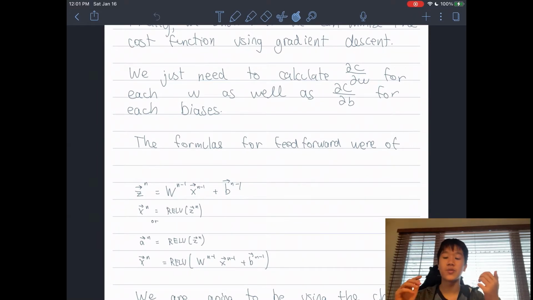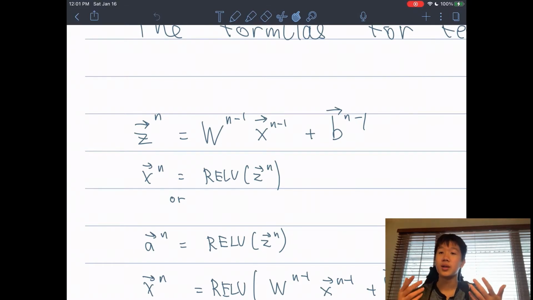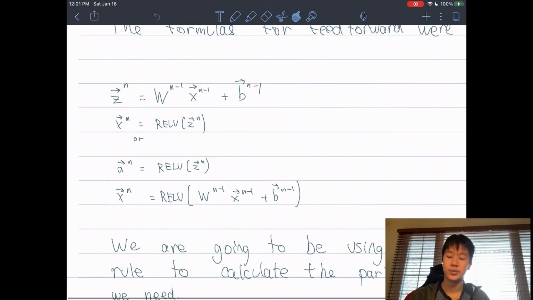So the formulas for feed-forward, if you refresh your memory a bit, were that Z of n is equal to the weight matrix of the previous layer, multiplied with the inputs of the previous layer, matrix multiplication, plus the biases n minus 1, and then we would have to activate this, so ReLU of this, and it would give us x of n or a of n, which can be used interchangeably.